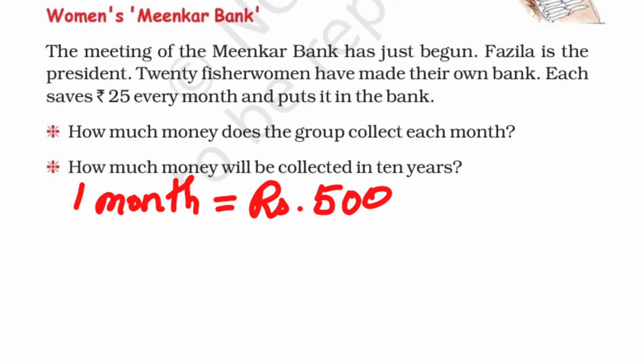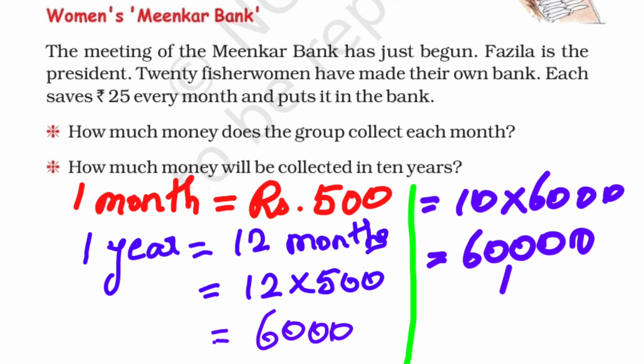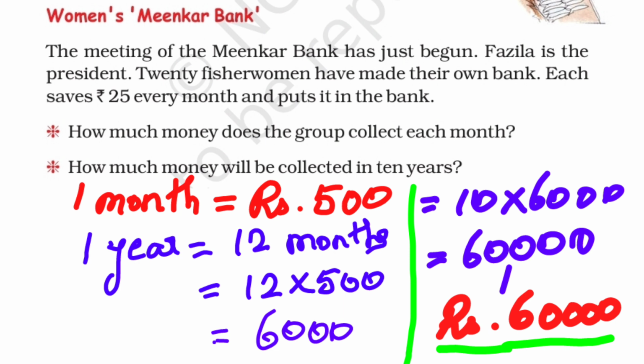For 1 year we have 12 months. So 12 into 500 is 6,000 rupees. So for 1 year it's 6,000 rupees. So for 10 years, 10 into 6,000 is 60,000. So for 10 years 60,000 rupees will be there in Meenakar Bank.